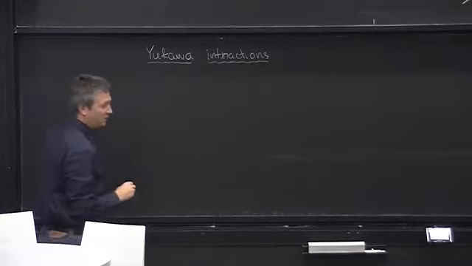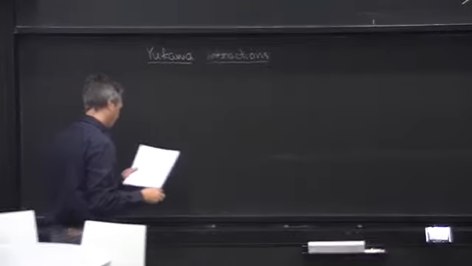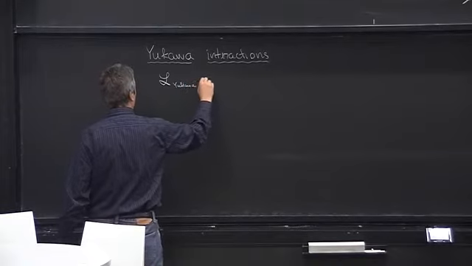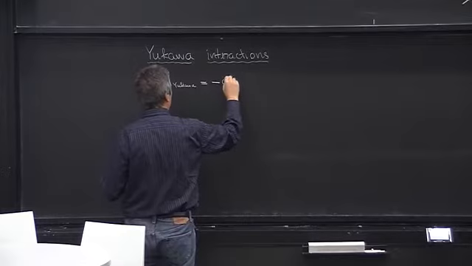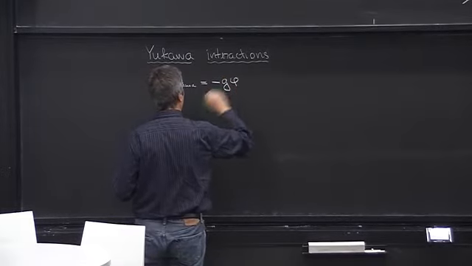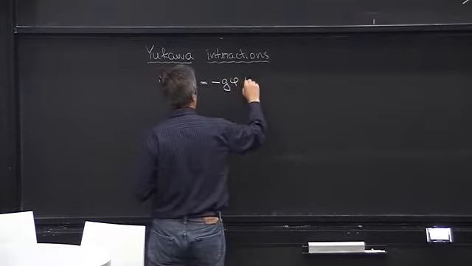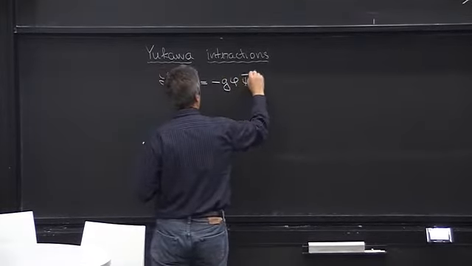So suppose we have a theory of some fermions that are interacting with a scalar field through this pair interaction.